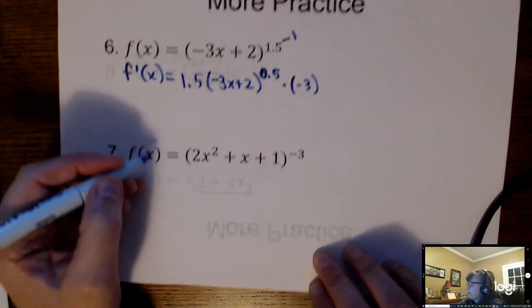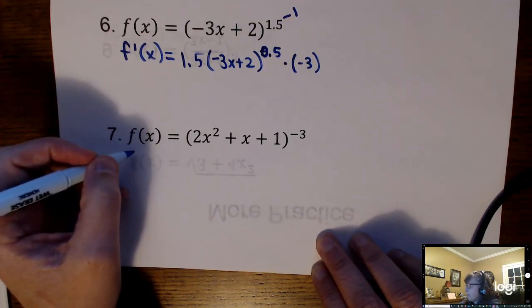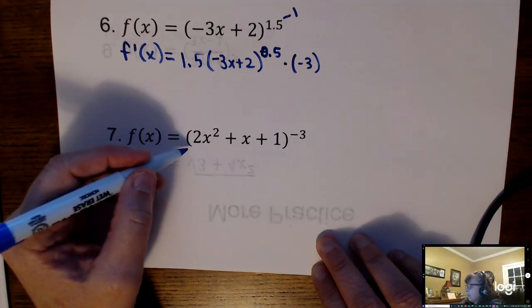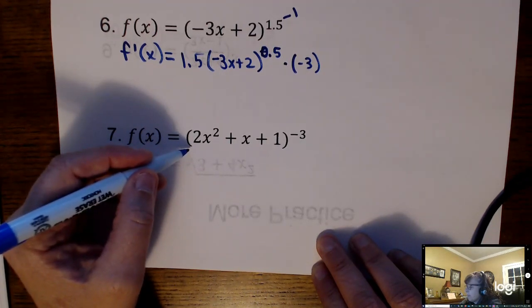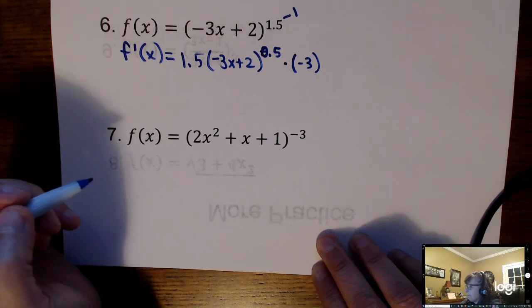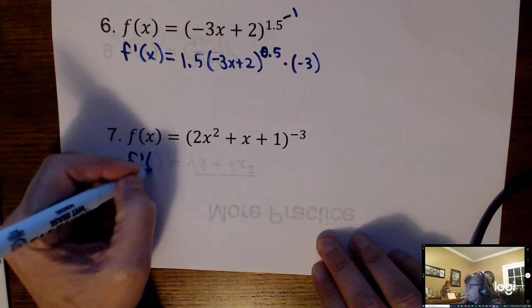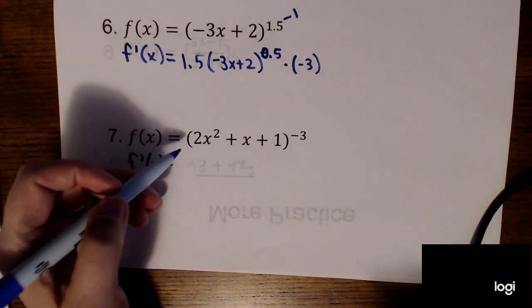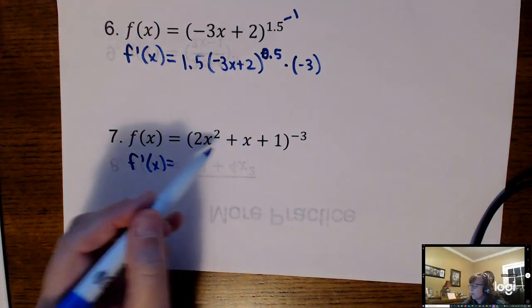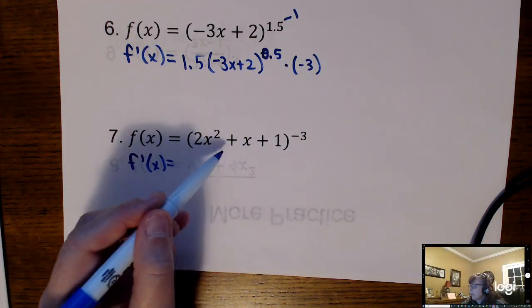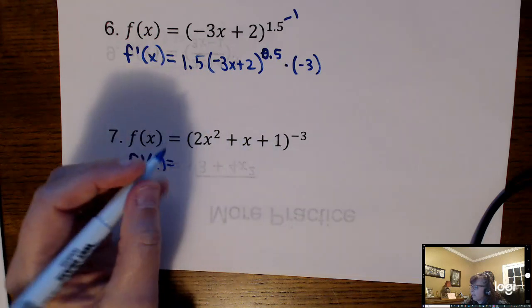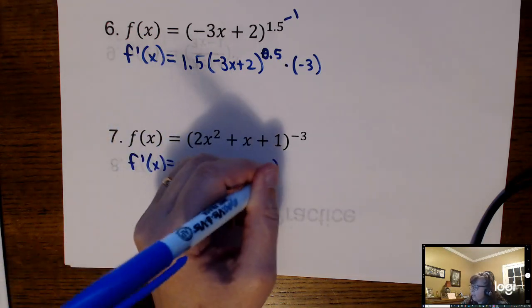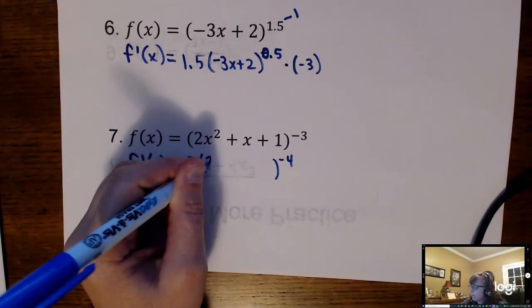Okay, if you were going to do number 7, 7 is f of x equals (2x squared plus x plus 1) to the negative 3. So the derivative would be the derivative of the outside, since there's more than one term in here. So u to the negative 3 is negative 3 u to the negative 4.